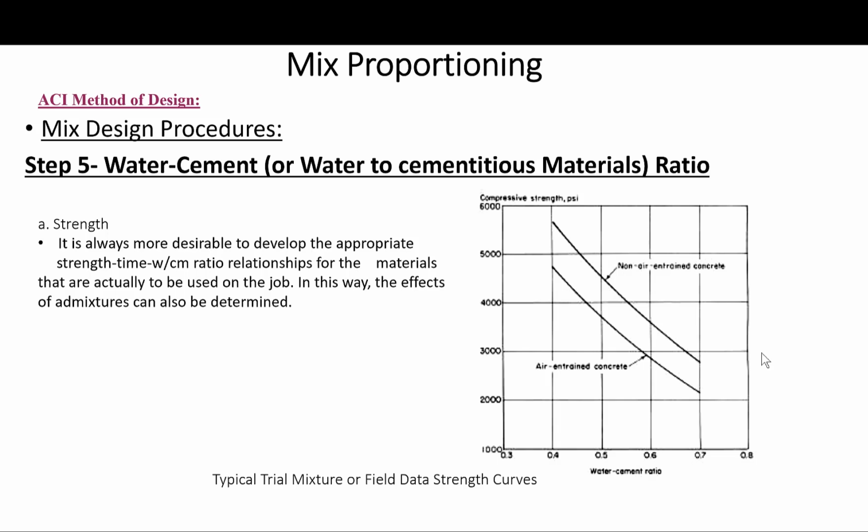As you see, this graph here shows a relationship between strength and water cement ratio for a typical trial mix or field data for both air entrained and non-air entrained concrete. So the best really is to develop curves similar to this from our own materials in our locale. That will be more appropriate than using the standard tables and curves.